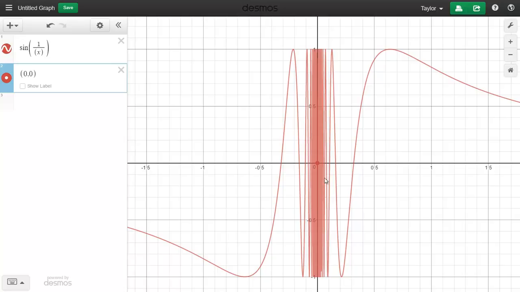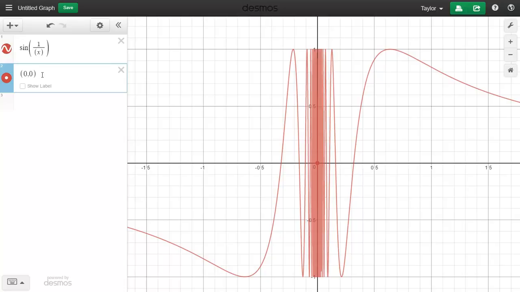But the other part of continuity is that the limit has to exist, and the limit as x approaches 0 does not exist. So even though we attempted to patch the hole at x equals 0, we can't, because the limit does not exist.